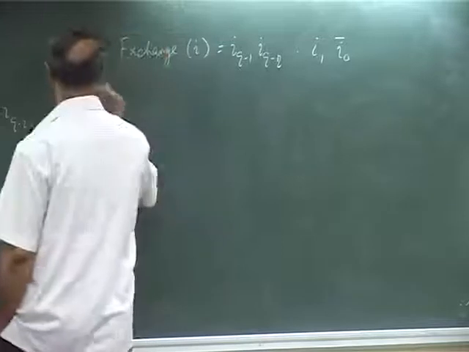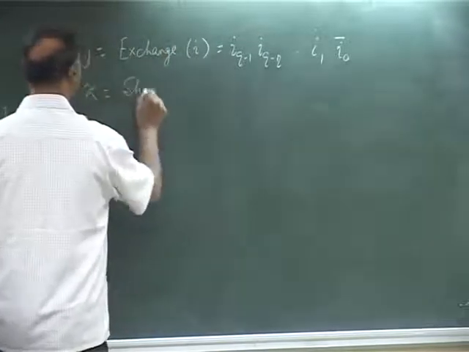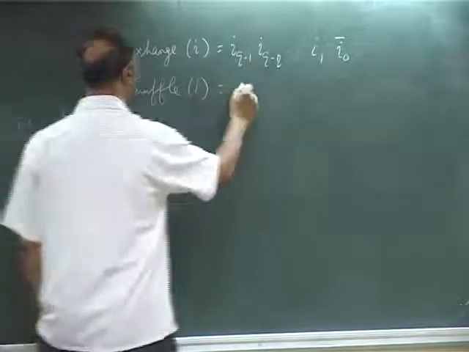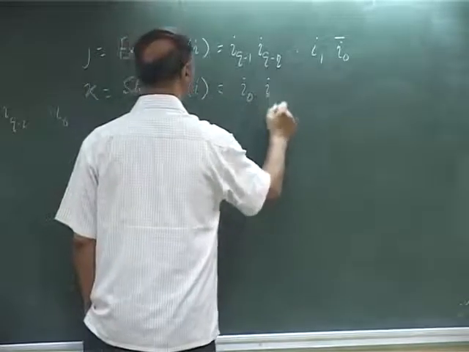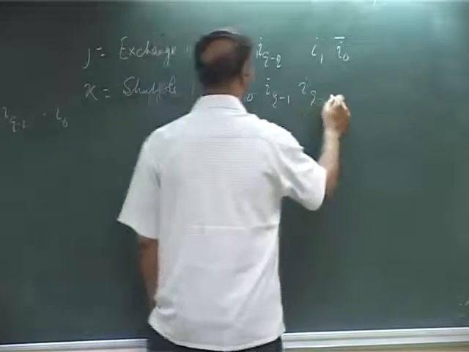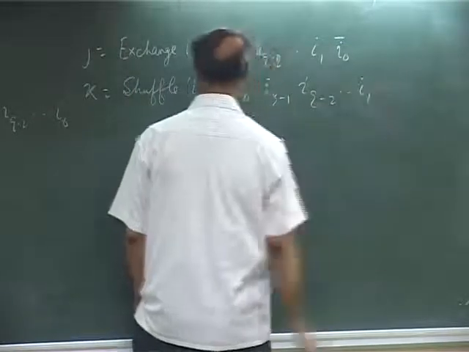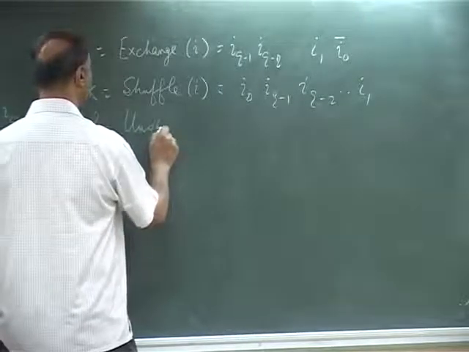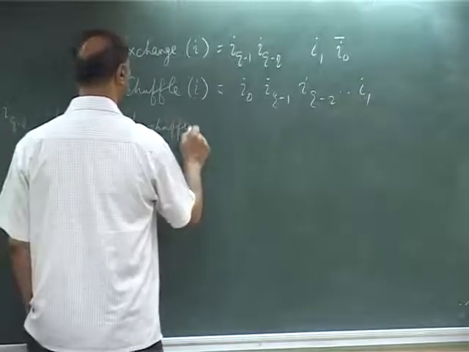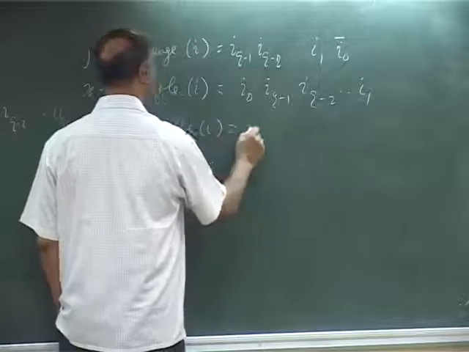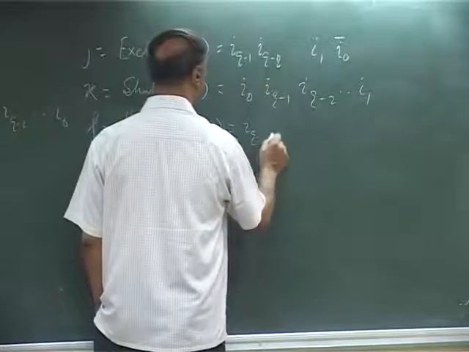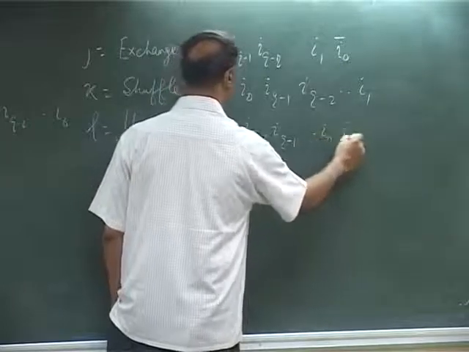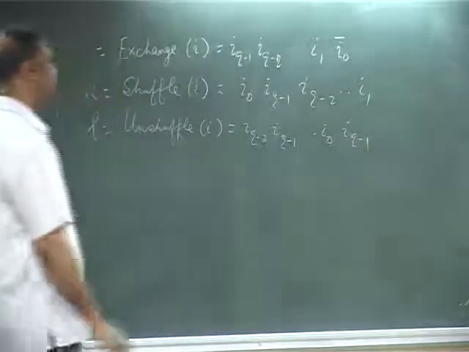Now k is known as the shuffle of i, which is defined as i_0, i_q-1, i_q-2, up to i_1. And l is the unshuffle of i, which is defined as i_q-2, down to i_0, i_q-1.